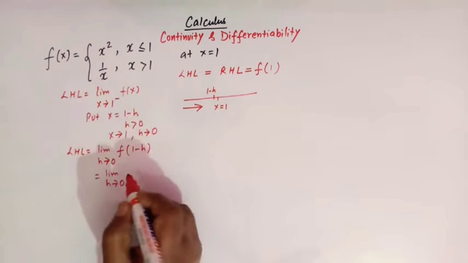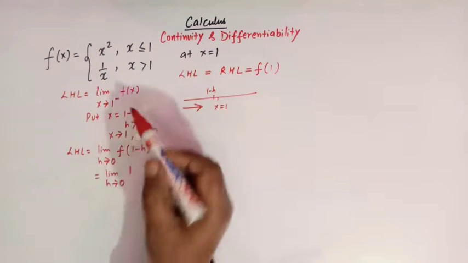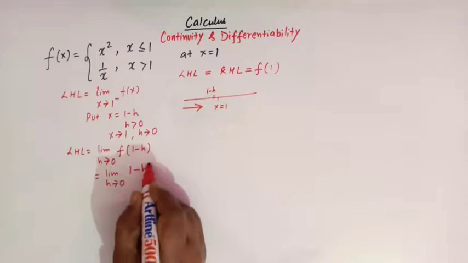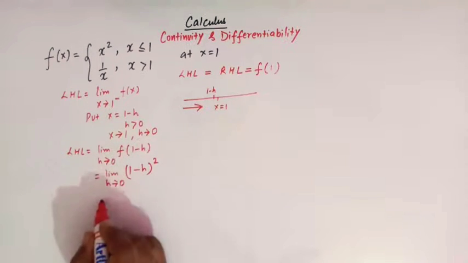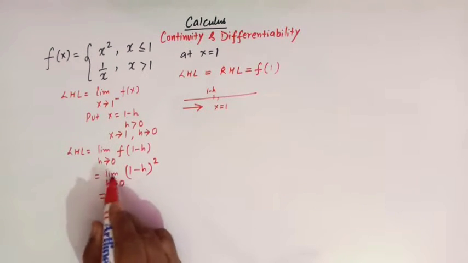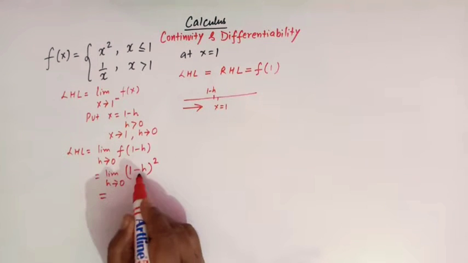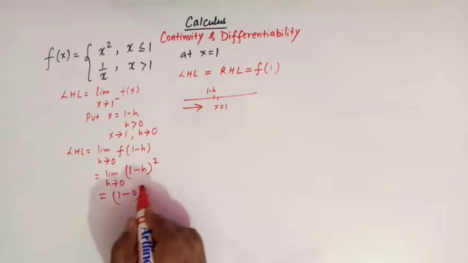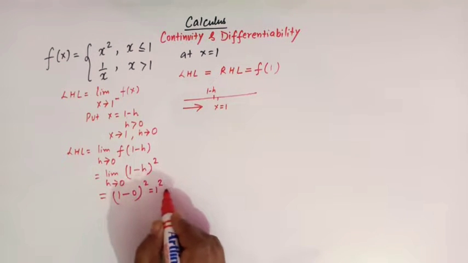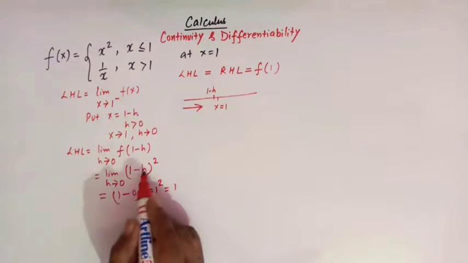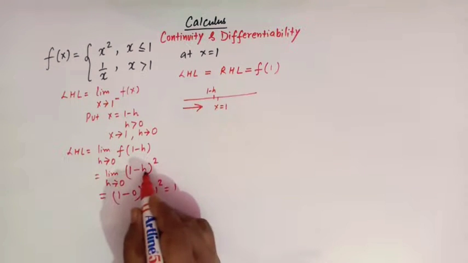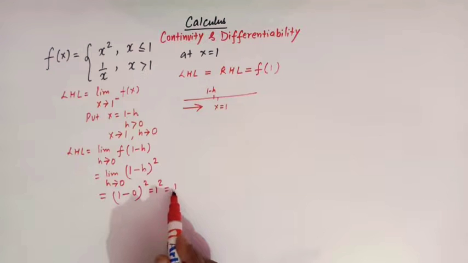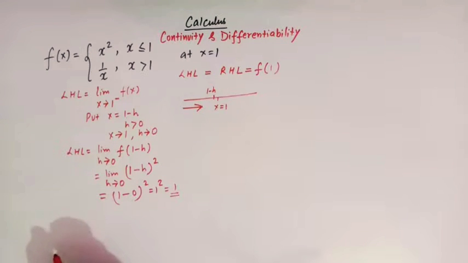So for x we have 1 minus h, so we have 1 minus h whole square, and limit h tends to 0 of 1 minus h whole square is equal to 1 minus 0 whole square, that is 1 square, that is equal to 1. So the left hand limit is finite and equal to 1.